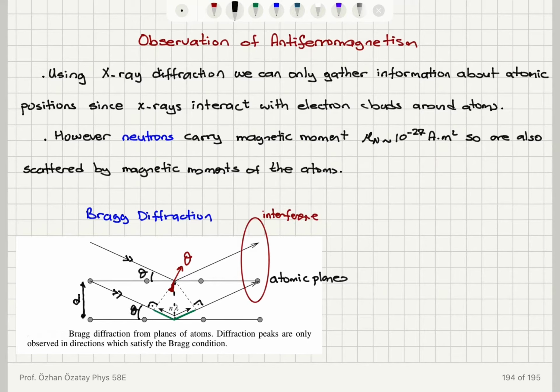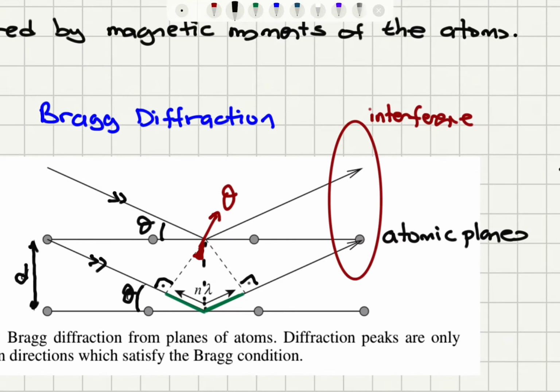on our detector. So for constructive interference, the condition is that the path difference, delta, between the two must be equal to an integer multiple of wavelengths. And how much is that path difference? You can see that we have two sides of the triangle here.